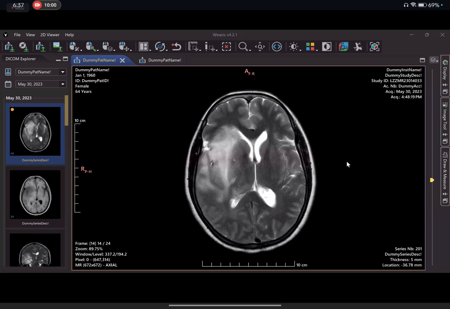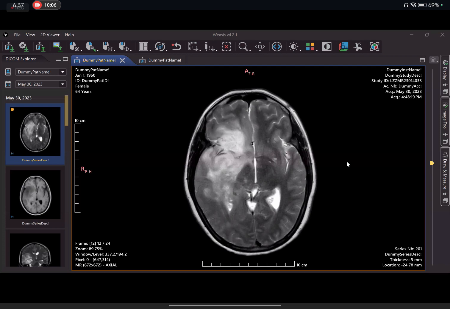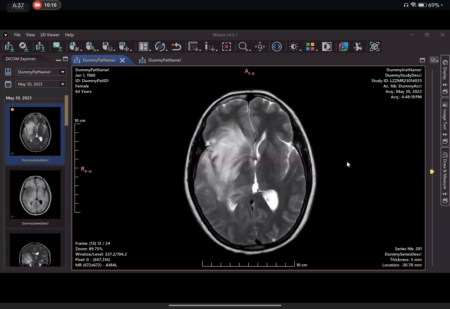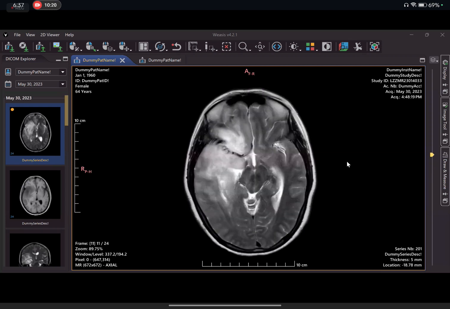And it is ill-defined, ma'am, predominantly involving the white matter. There is mild mass effect causing midline shift, but there is no significant edema in this case, ma'am.